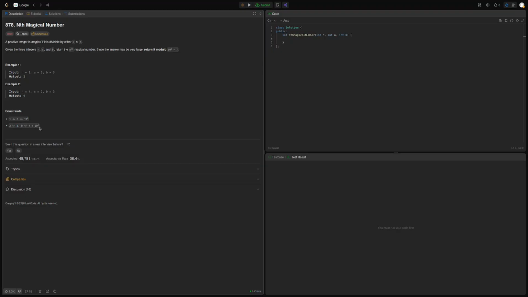I mean, worst case both are this large number, and n is 10 to 9, so you have to multiply like 1, 2, 3, 4, blah blah blah, right? But wait, that might be too much.